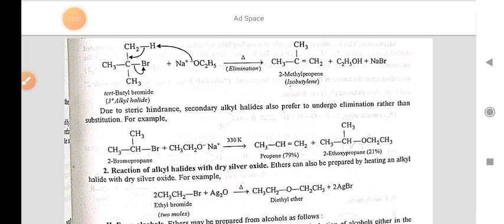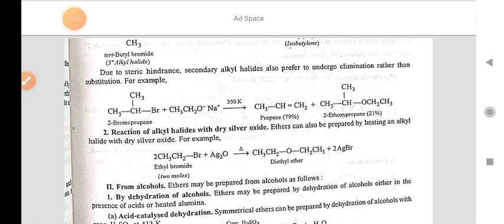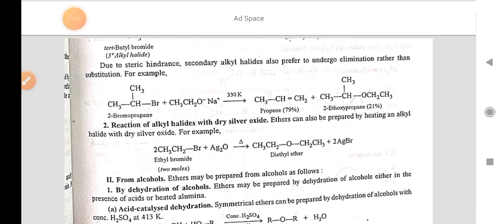Tertiary butyl bromide gives 2-methylpropene on elimination. Due to steric hindrance, secondary alkyl halides also prefer to undergo elimination rather than substitution. For example, 2-bromopropane on reaction with sodium ethoxide gives propene and 2-ethoxypropane.